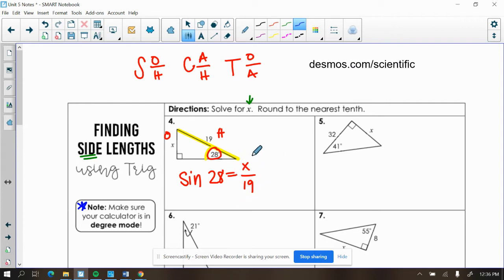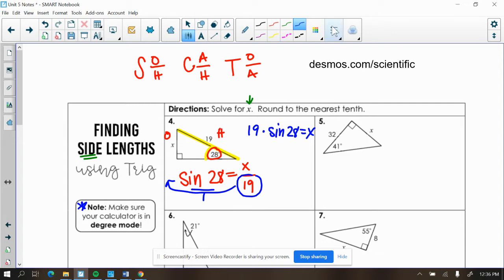So when we have something like this with a fraction, right, we could technically put this over 1 and then cross multiply, but sometimes that gets a little confusing. So my hint to you is when we have something underneath here like this, we're going to move that to the front. Okay, so 19 times sine of 28 equals x.